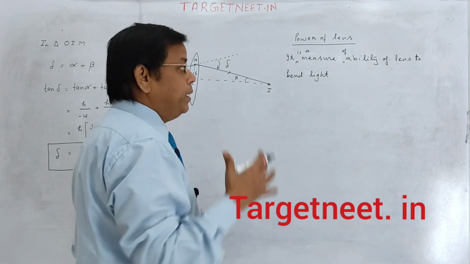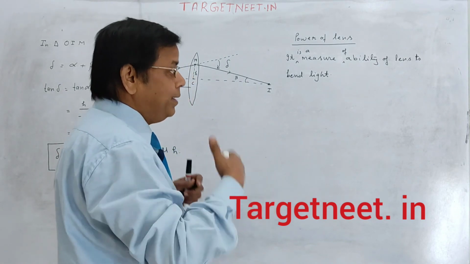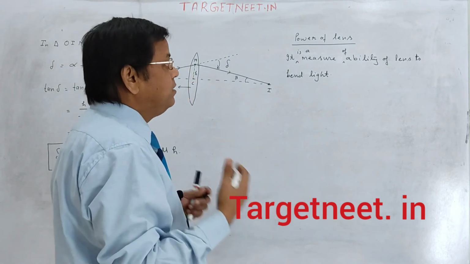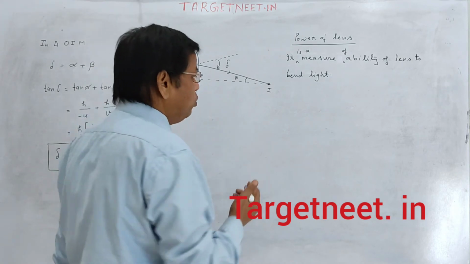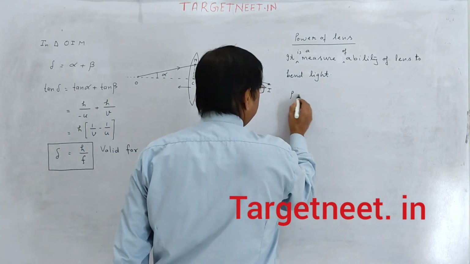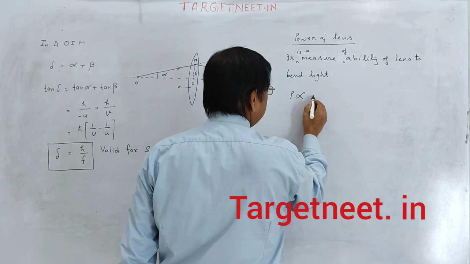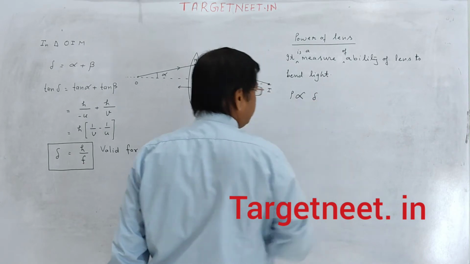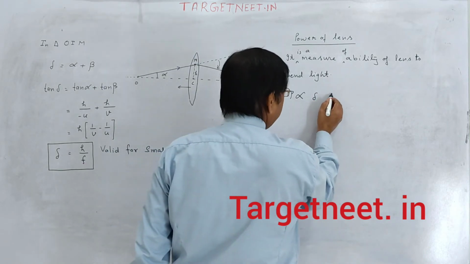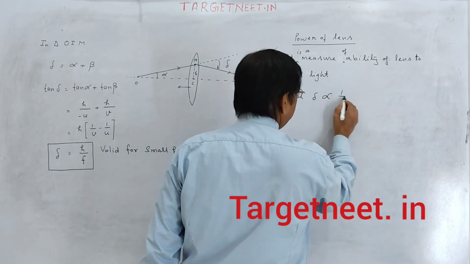If the lens bends more, or bending of light is more by the lens, then we say the power of the lens is more. So power is directly proportional to the amount of bending or amount of deviation, and that is directly proportional to 1 upon focal length.